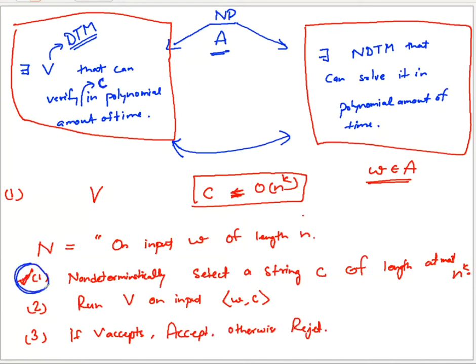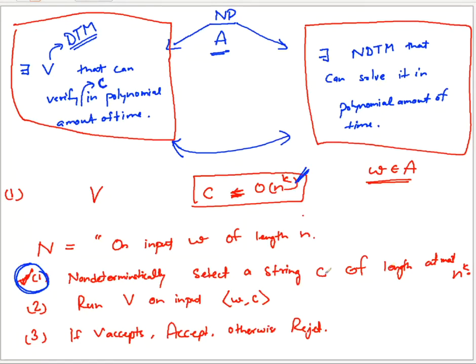You are guessing what the certificate can be, because you have ensured that it will be a string of polynomial length in the input size. So out of all possible strings of polynomial length in the input size, you are selecting the string that is the best guess to be a certificate for the given problem.